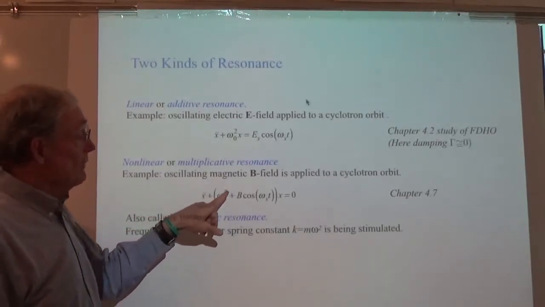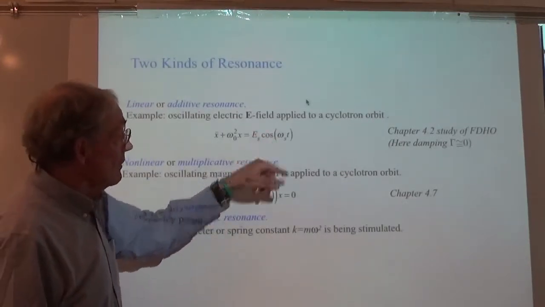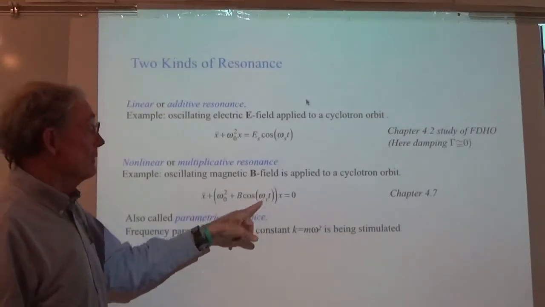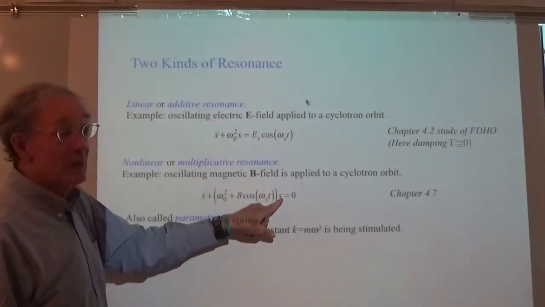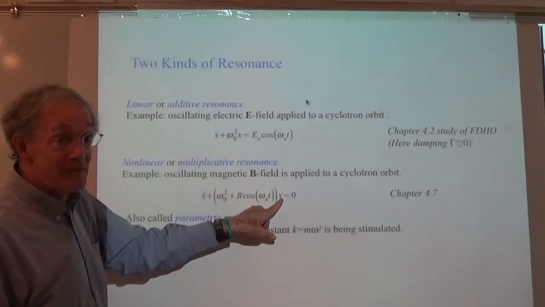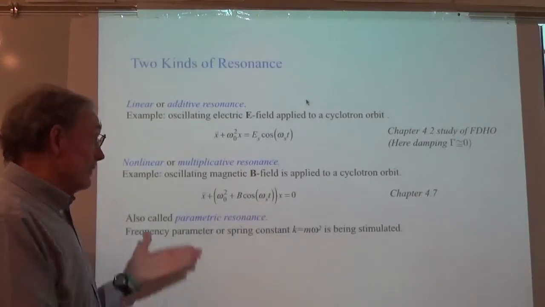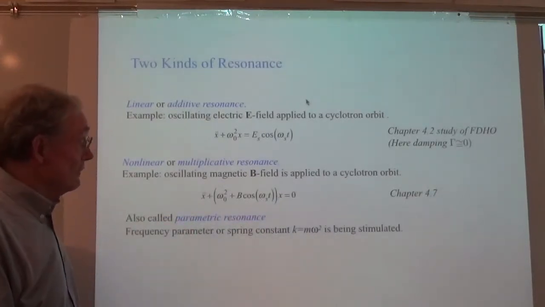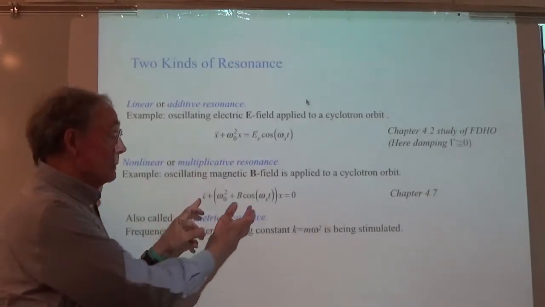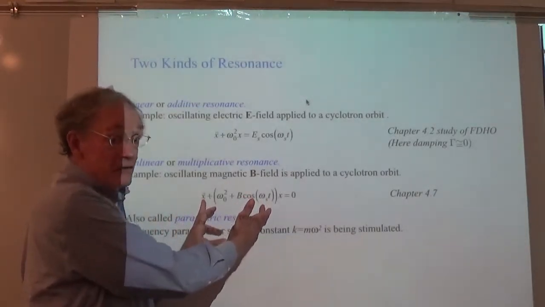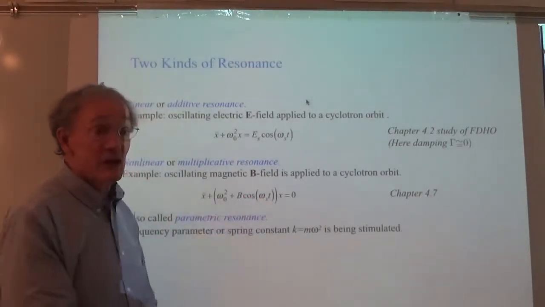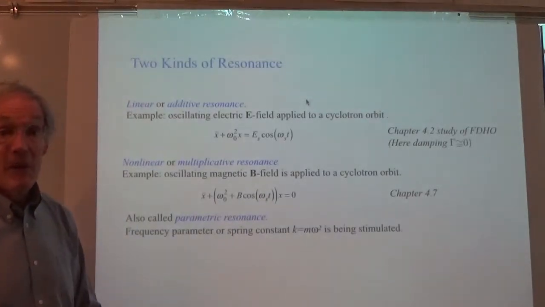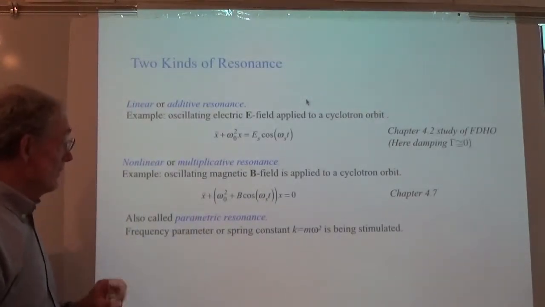And so instead of having it here, this cosine stimulus, we put it right here to multiply by the x. And that means you're going to very often be having not just exponential behavior, but super exponential behavior, because this thing may be increasing as well. So that's what we want to study today.